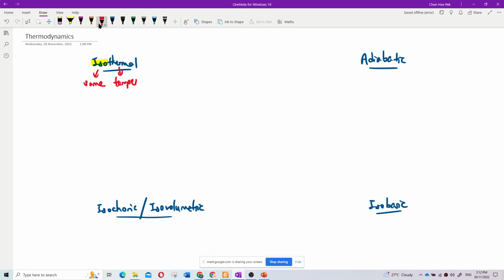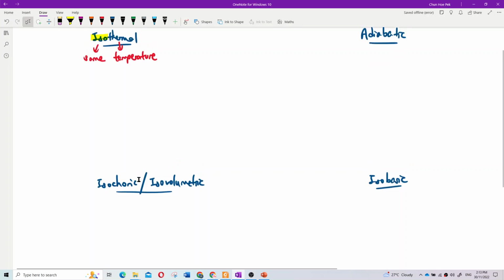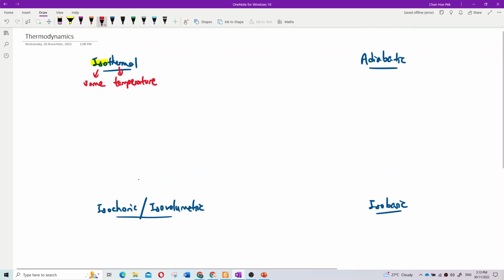So isothermal means what? Class, you must respond in the class. Same temperature. Isothermal means same temperature. So for this case, the temperature is constant.